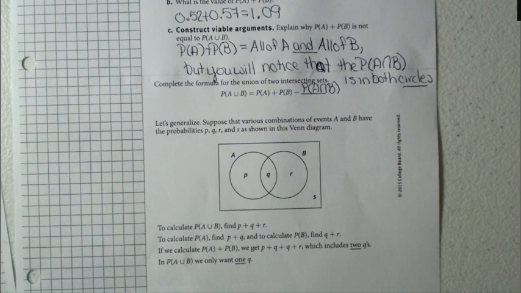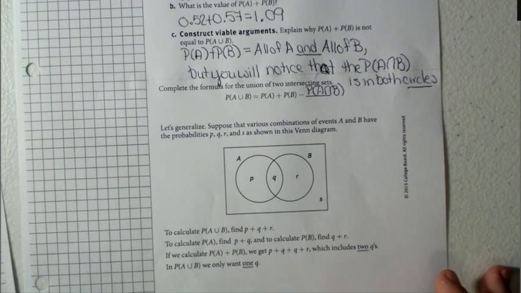To calculate the probability of A union B, we take P plus Q plus R. The probability of A is P plus Q, and the probability of B is Q plus R. If we calculate the probability of A plus the probability of B, we get P plus Q plus Q plus R, which includes two Q's. So in the probability of A union B, we want only one Q.